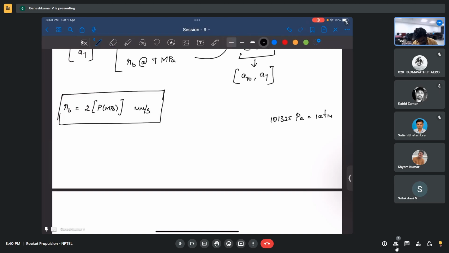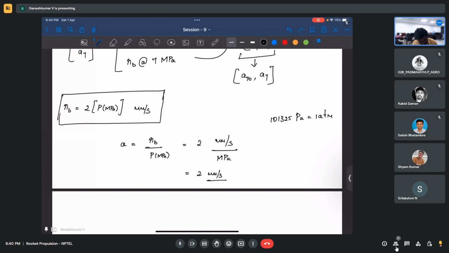So let's see, trying to find out that RB P at megapascal, right? If you want to change it to A, this is going to be meters per second per megapascal. You said you want to substitute in terms of atmosphere. So what you have to do is 2 into mm per second.